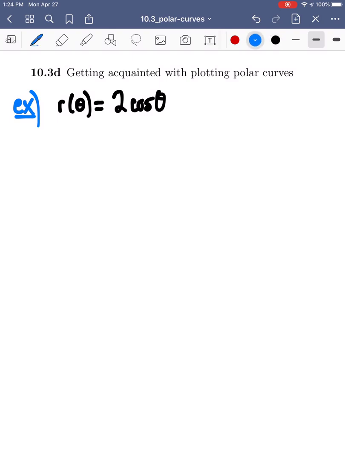And we're told that theta in this example is going to run between 0 and pi. So we have the beginning point and the terminal point for our theta values. So let's see what type of curve we get here.